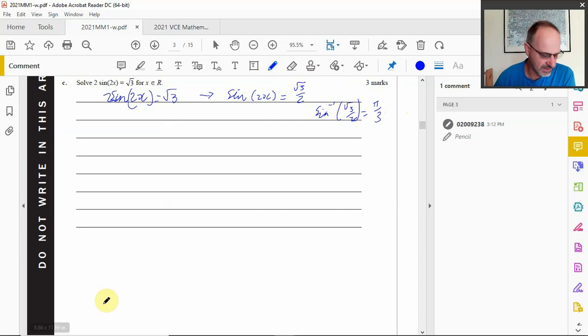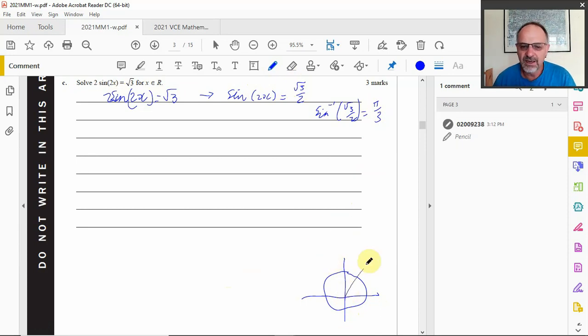All right, so just down here, I'm going to do this down the bottom. So if we've got our unit circle, a very rough one, and we're looking at sine. Now here, sine 2x is √3 on 2. It's positive, and sine is positive in the first and the second quadrants.